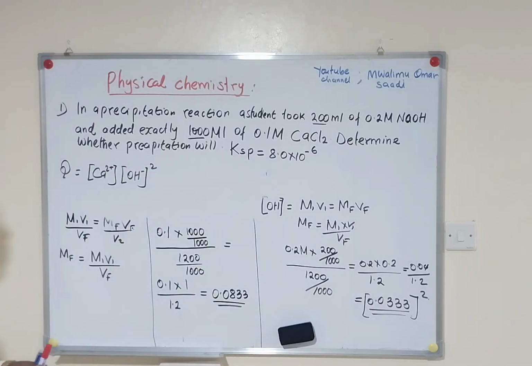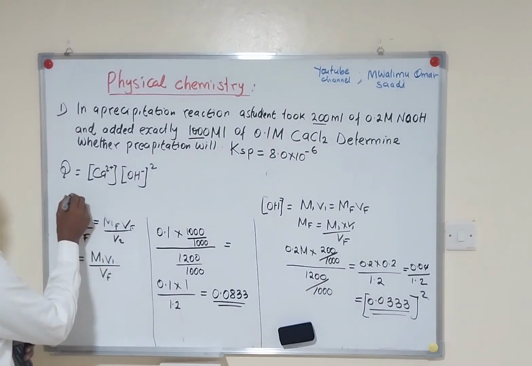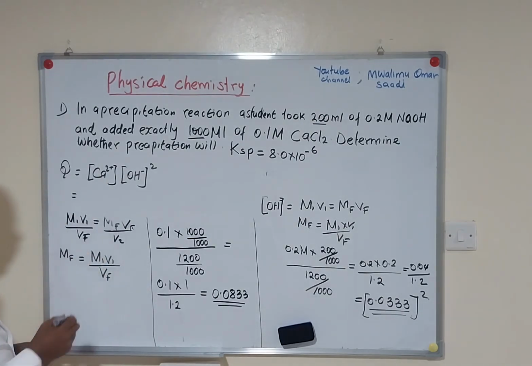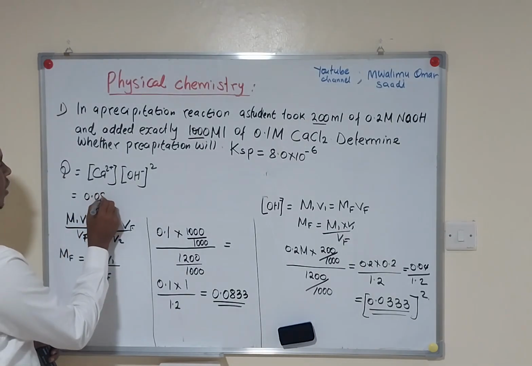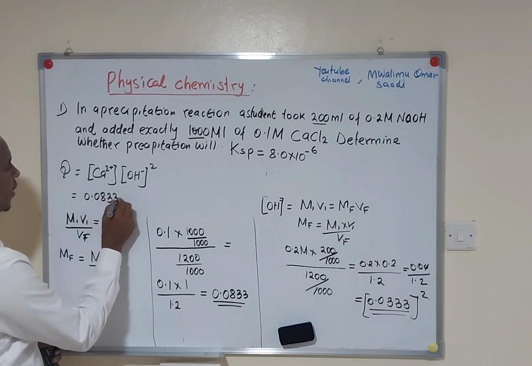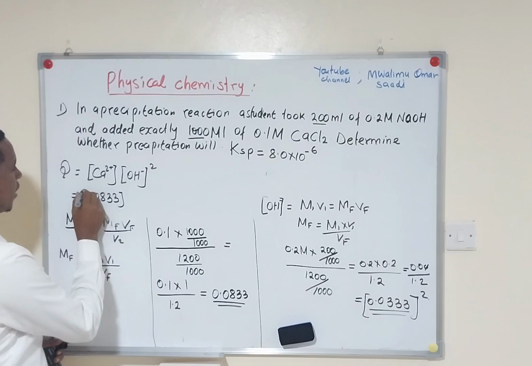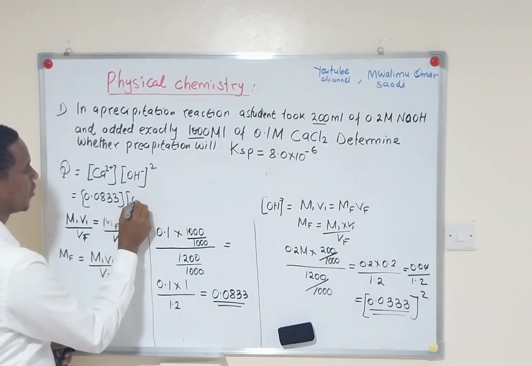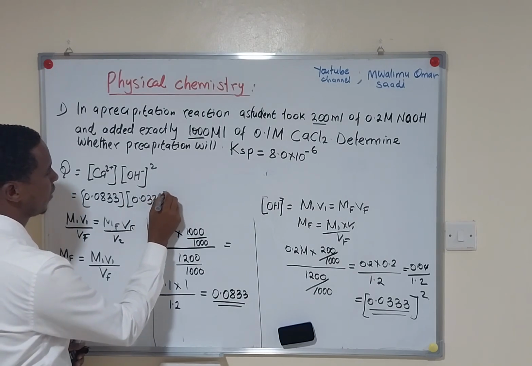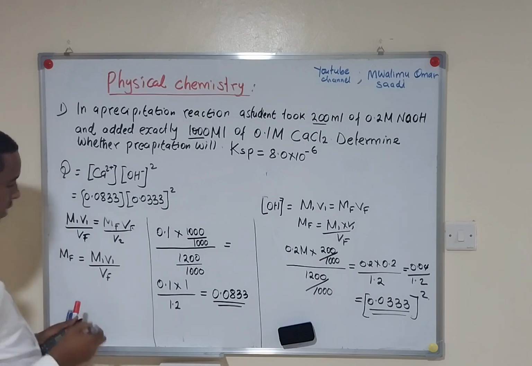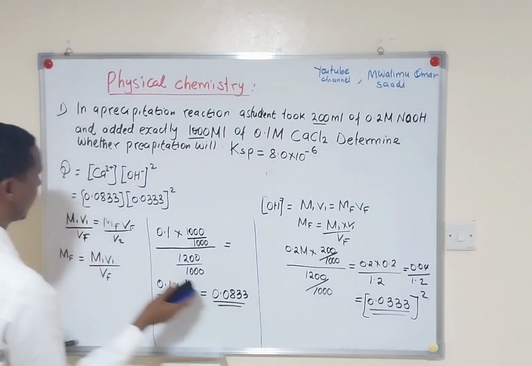That one we square because the coefficient there is 2. So the concentration of calcium ion is 0.0833 times 0.033 squared.